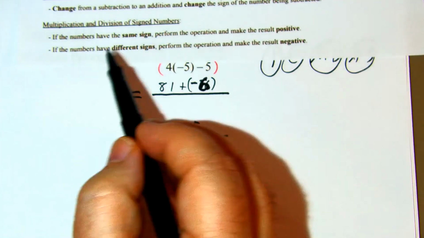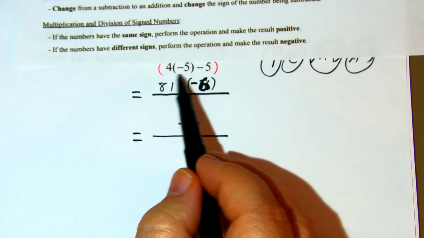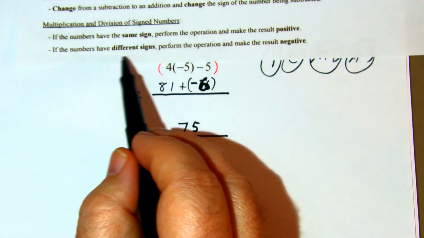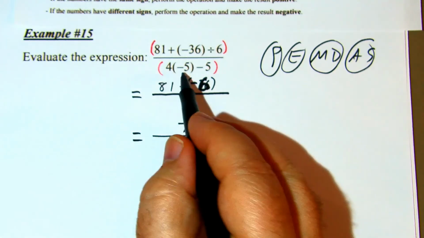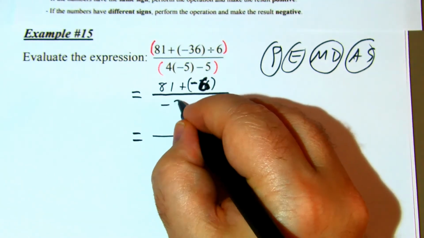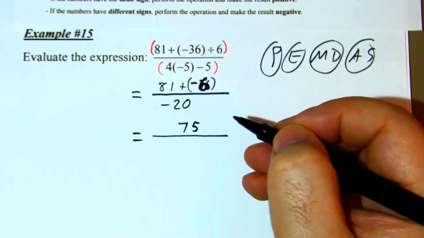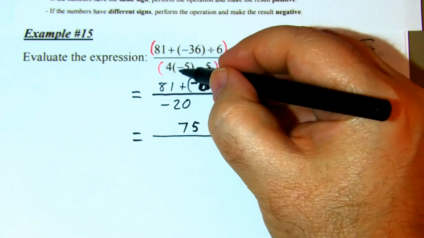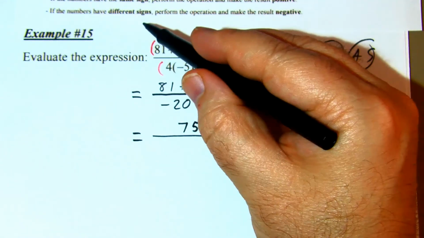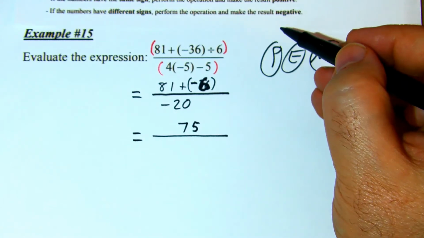If you're multiplying or dividing, and we're multiplying 4 times negative 5, if the signs are different, you get a negative. So 4 times negative 5 is going to be negative 20. 4 times 5 is 20. A positive times a negative is different, and the rule says if they're different, the result is negative.